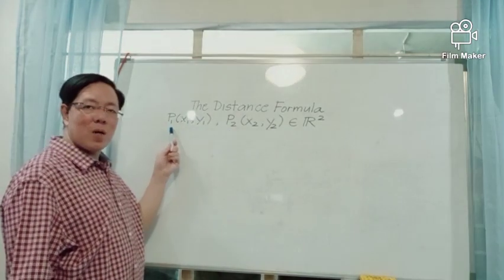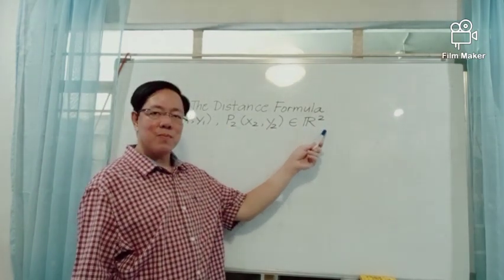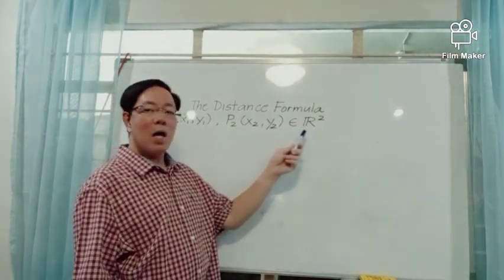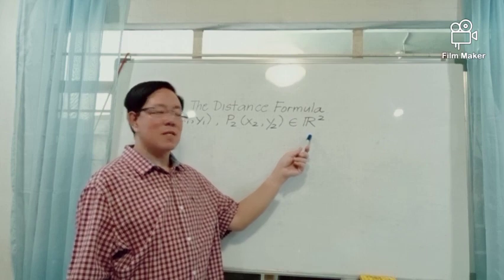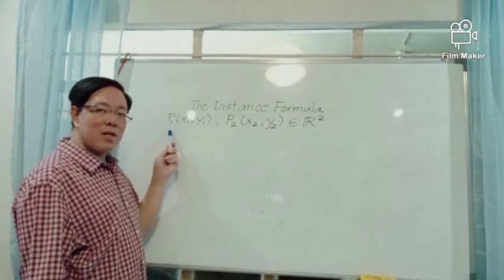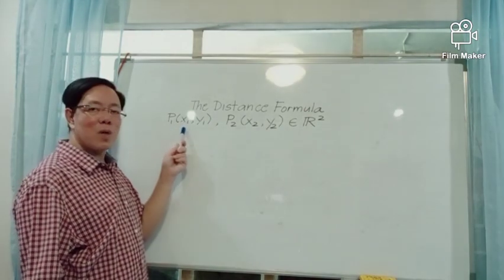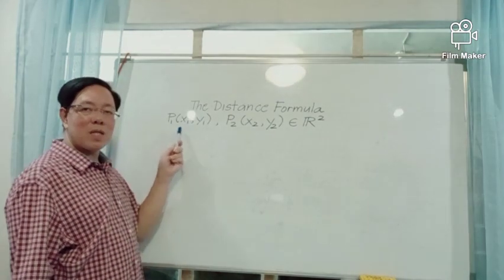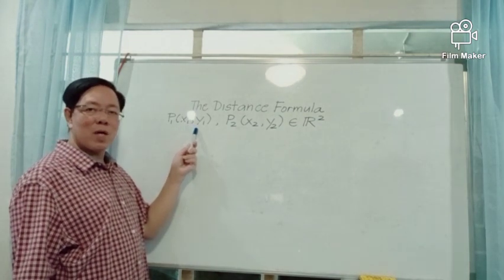The points P1 and P2 are elements of R2, which means that P1 and P2 are points in the Cartesian plane or the coordinate system denoted by R2. In particular, the coordinates of the point P1 are x1 and y1. The abscissa of P1 is x1. The ordinate of the point P1 is y1.